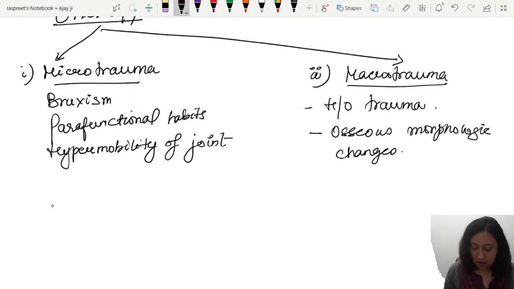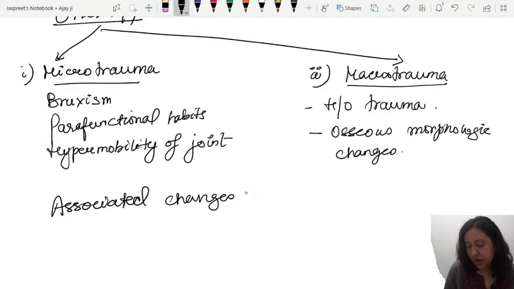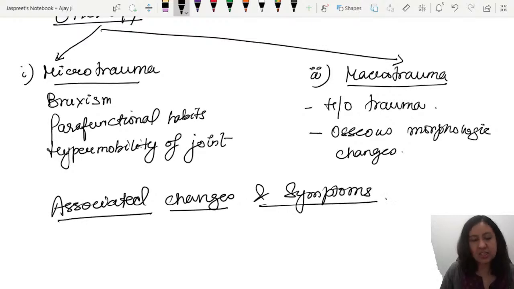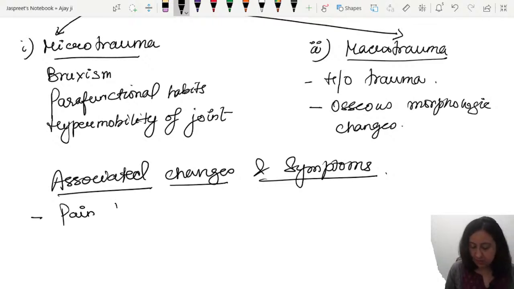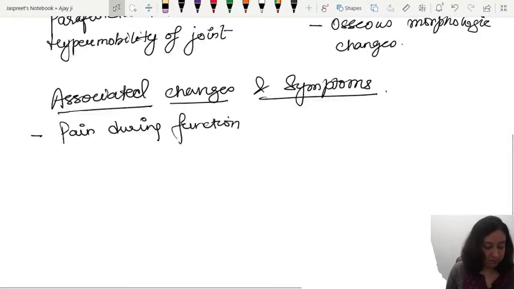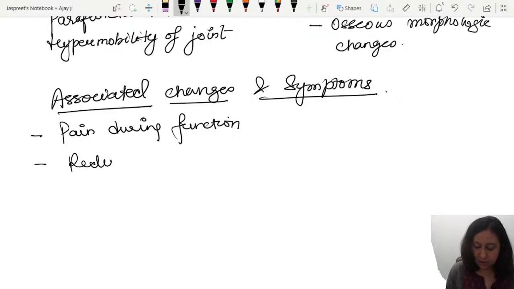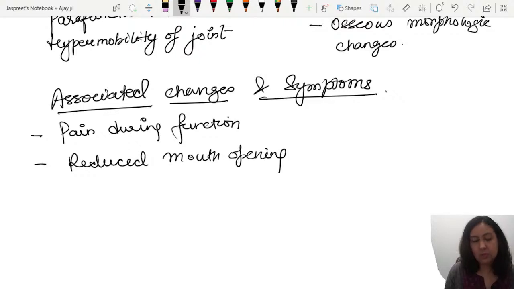Now, what are the associated changes and symptoms of internal derangement? Please write down. There will be pain during function. There will be reduced mouth opening. There will be masticatory tenderness.